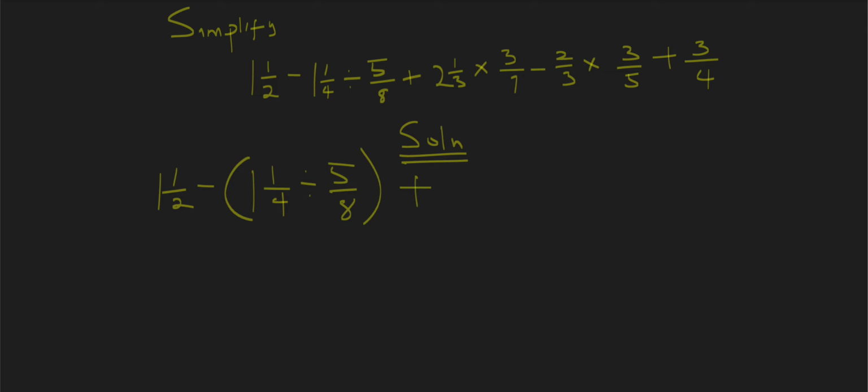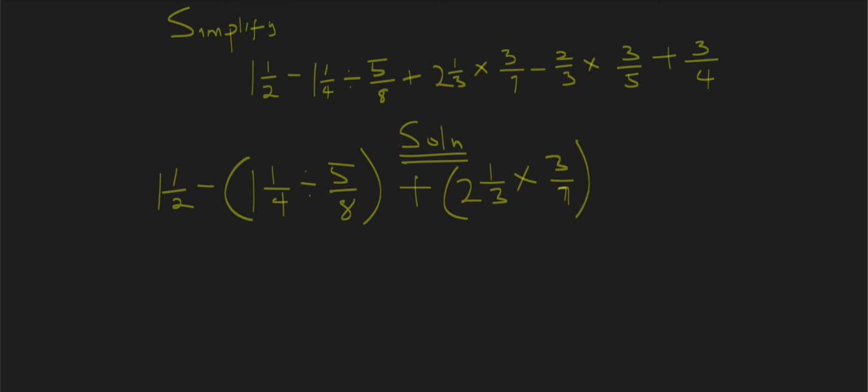Plus, so addition is happening here, and after that we have multiplication, 2 whole number 1 over 3 times 3 over 7. I'll put that in brackets since I'm going to multiply first before I add.